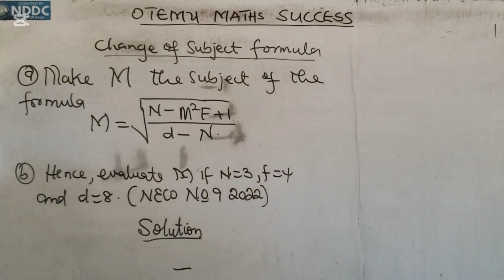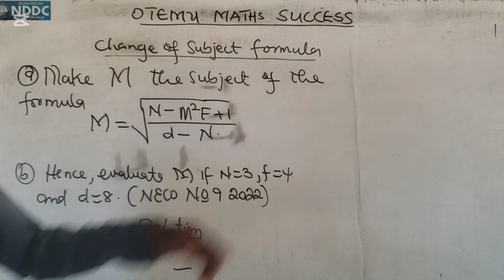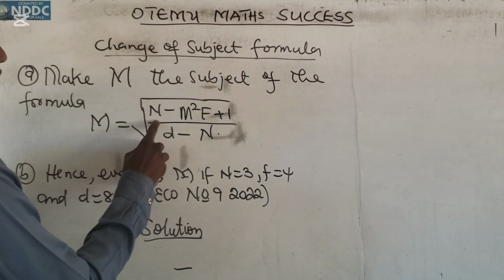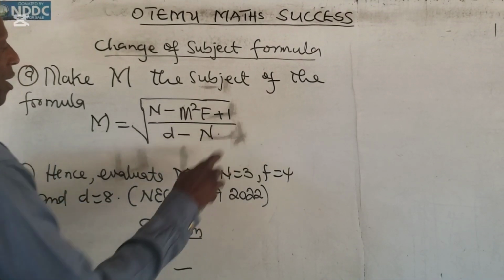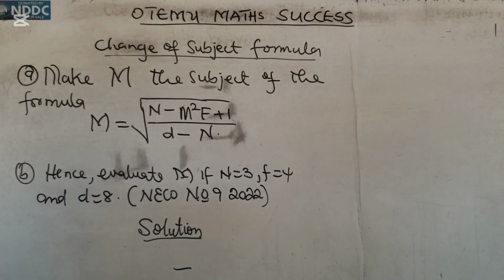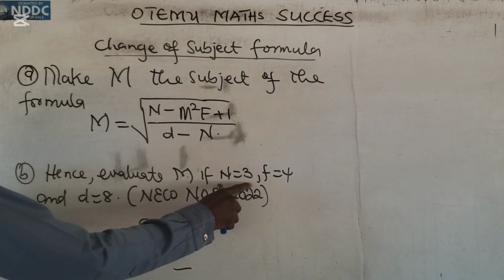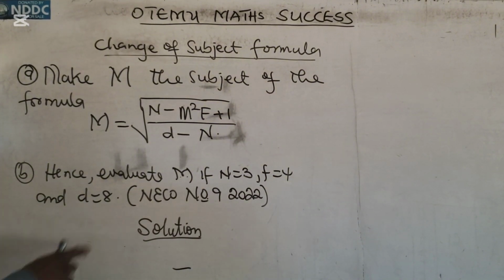I'm dealing with the topic change of subject formula. Make M the subject of the formula in M is equal to the square root of (N minus M square F plus 1) over (D minus N), and hence evaluate M if N is equal to 3, F is equal to 4, and D is equal to 8.